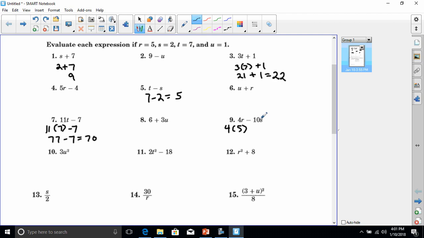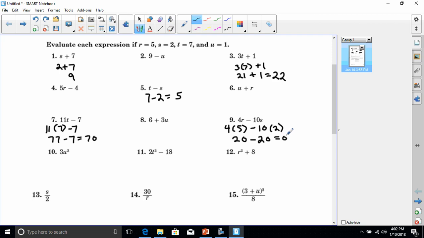And 10s, well, that's going to be minus 10 times whatever s is, and s, I believe, was 2. So we'll have a 2 here. Now if we combine those, 4 times 5 is 20, and we're going to subtract from it 10 times 2, which is also 20. And 20 minus 20 is 0.